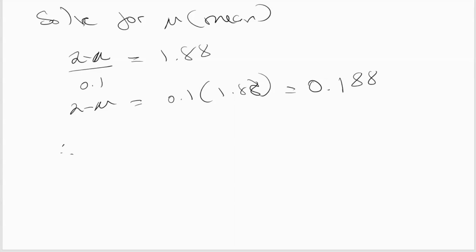Therefore, we make mu the subject of the formula. So mu is equal to 2 minus 0.188, which gives mu equal to 1.812.